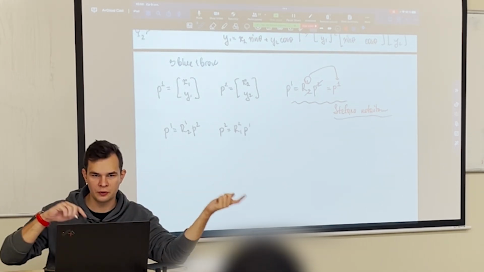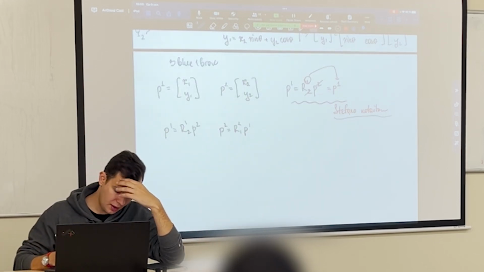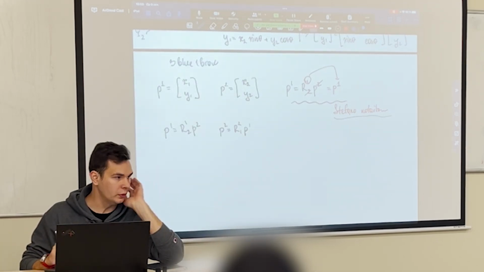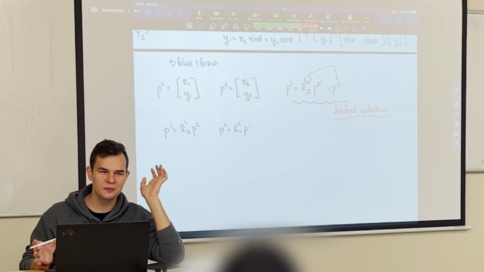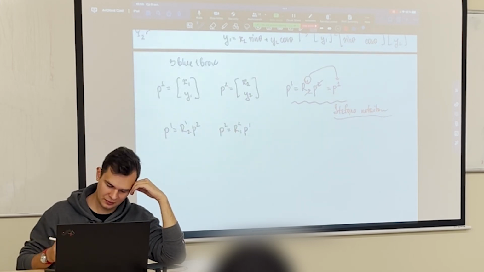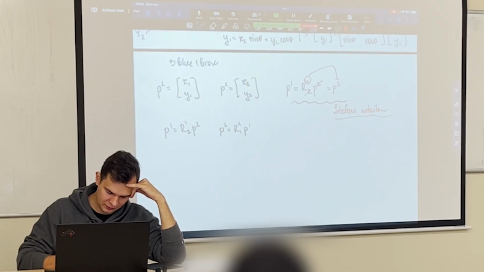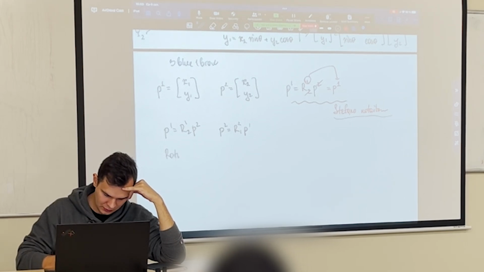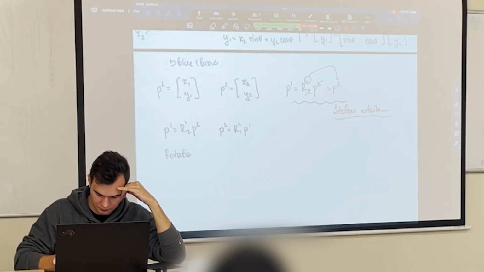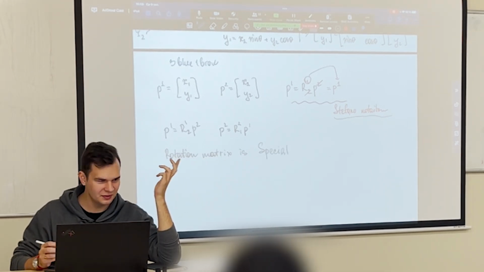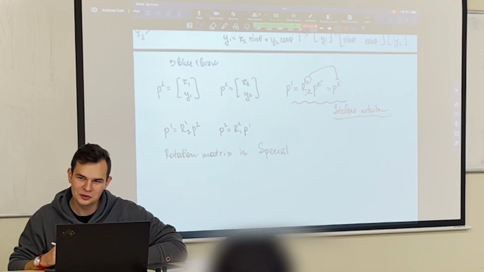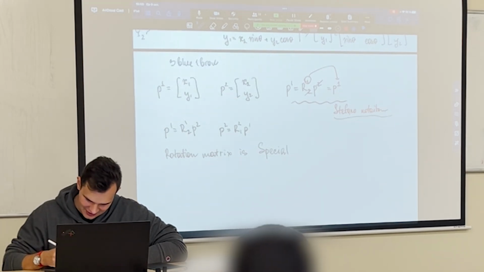You can go from there to there, and the rotation matrix is a special one. It's called the special orthogonal group. So the rotation matrix is special. Not spatial, but special.